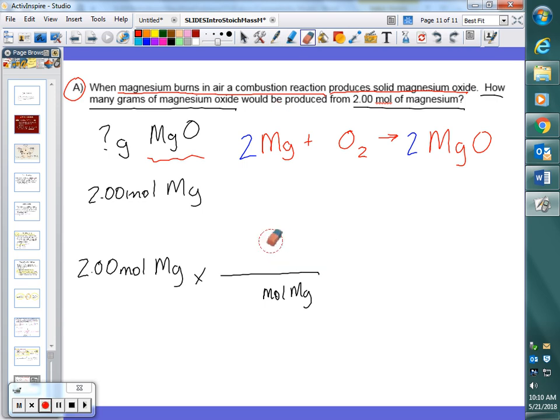That doesn't work. But through the coefficients and the mole ratio that the coefficients explain for us, we can have a conversion factor that looks like that, that compares moles of one thing to moles of something else. Here we have a mole ratio.